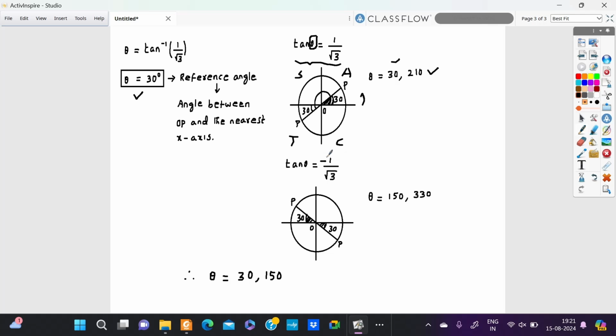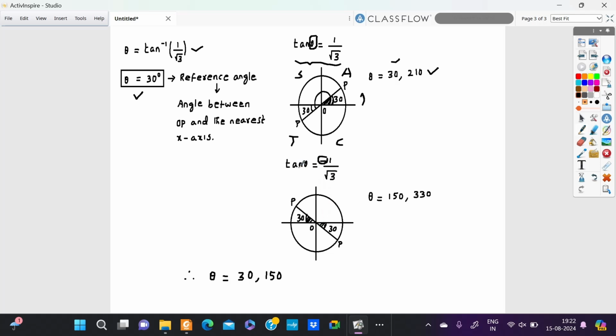So just ignore the negative sign and find the tan inverse, or sine inverse, or cos inverse, of just the absolute value on the right hand side. So I just do the tan inverse of 1 over square root of 3, which gives us 30 degrees. The negative sign tells us in which quadrant tan is negative.